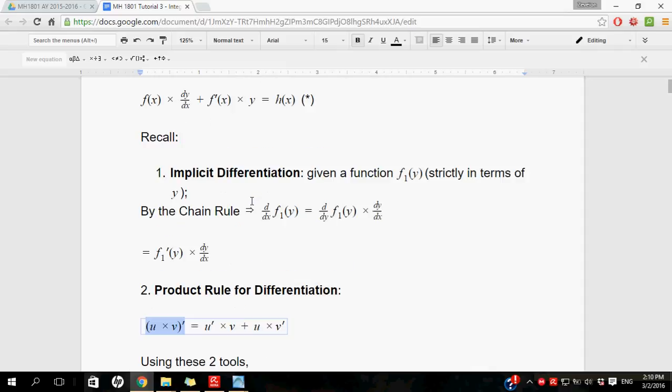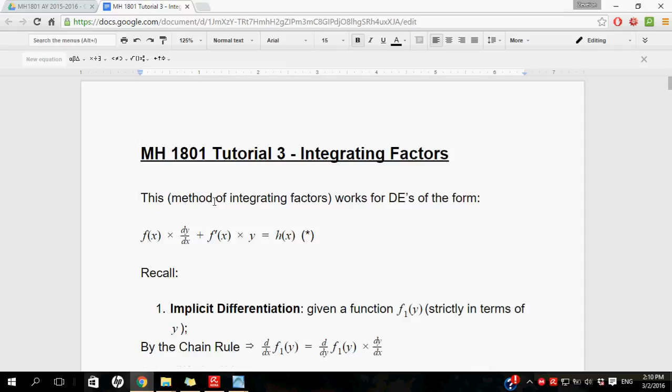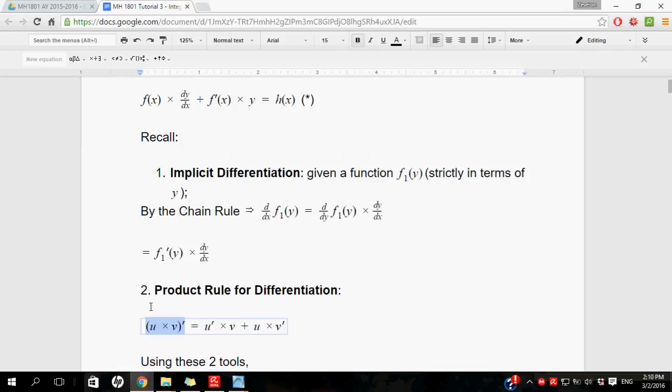Using these pieces of information, you see that the left-hand side in our differential equation is precisely something for which we can apply the product rule. f and its derivative f prime appear, and y and its derivative dy dx also appear on the left-hand side. So indeed, we can apply the product rule for differentiation.